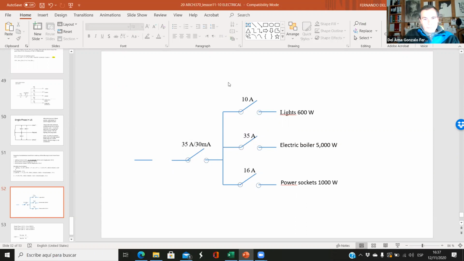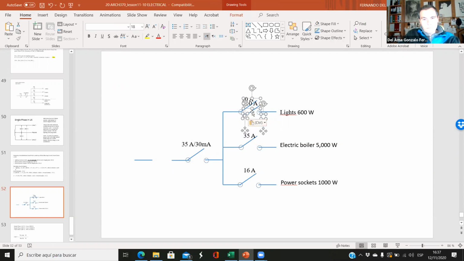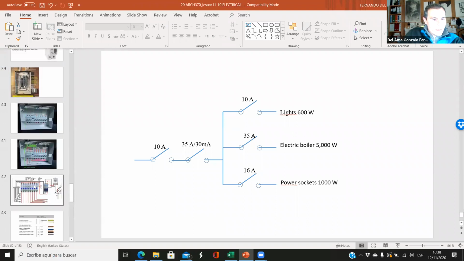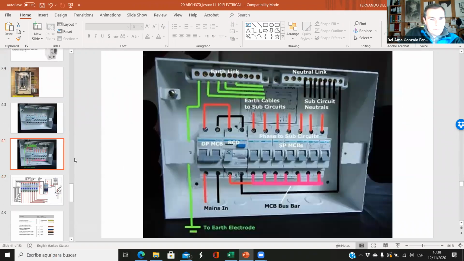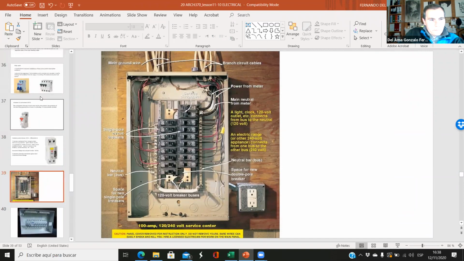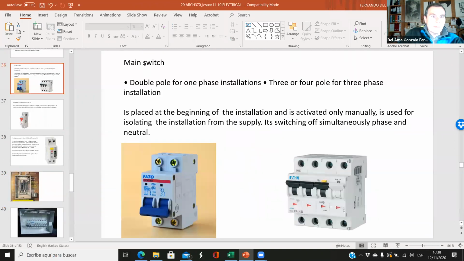And finally, we have this one, which is the, what was the name of this? Yeah, the main switch.